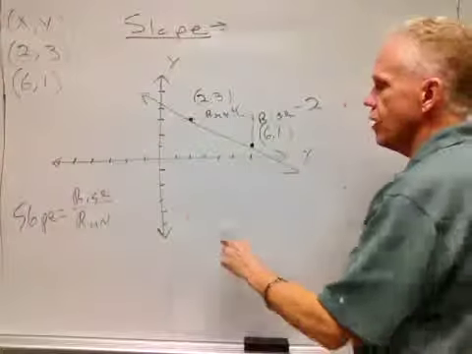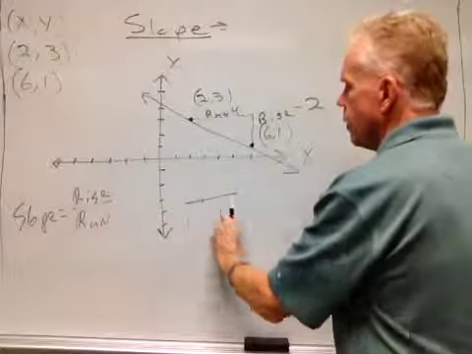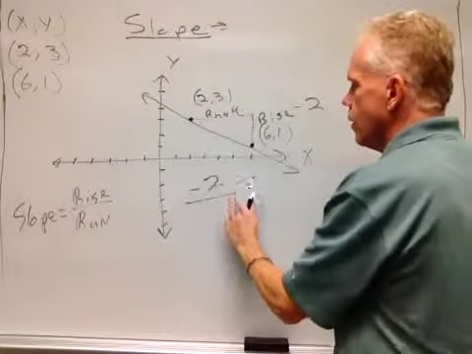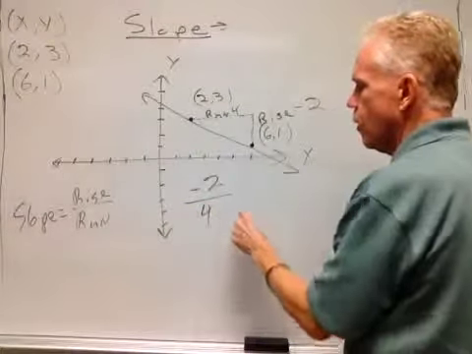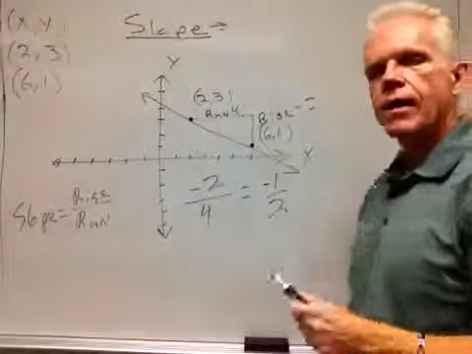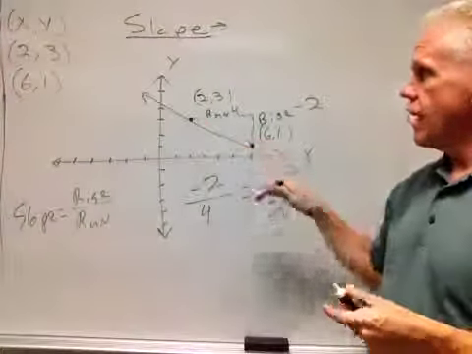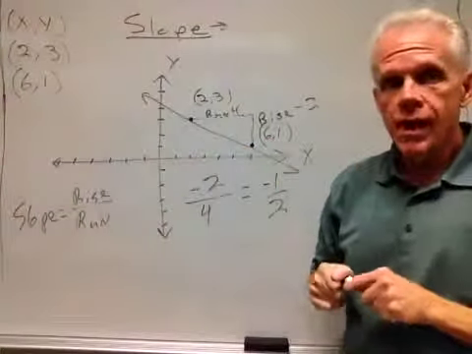And so this slope had a rise of negative 2, a run of 4, so our slope is negative 1/2. Okay? I hope you were able to get that one. It had a negative slope. It's a downhill, but that's how we would count slope.